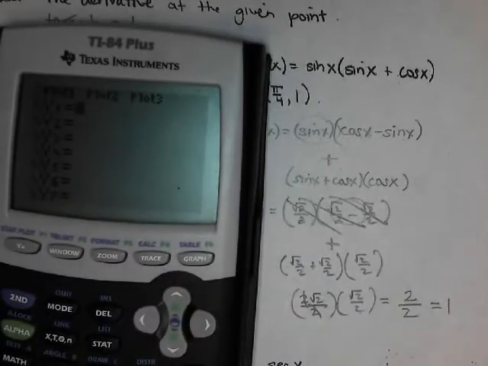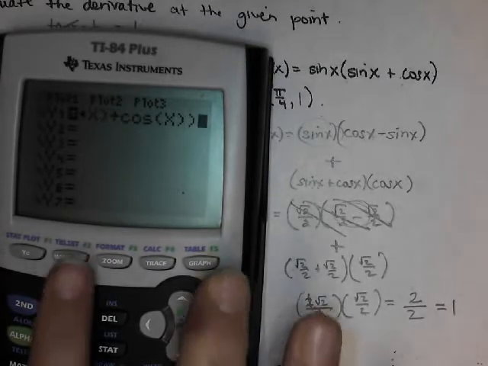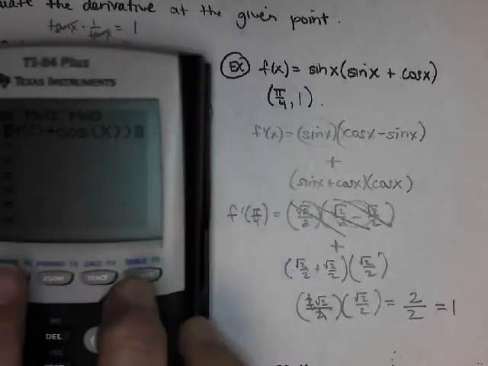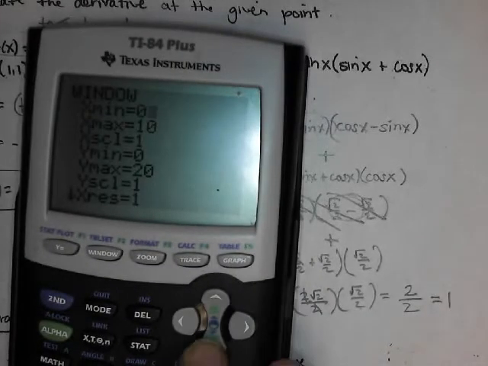Now to bring clarity to what we just did there, again I'm going to graph sine of x times, parentheses, the sine of x plus the cosine of x. And I'm looking specifically at pi over 4, so I'm going to make my window from 0 to pi over 2.